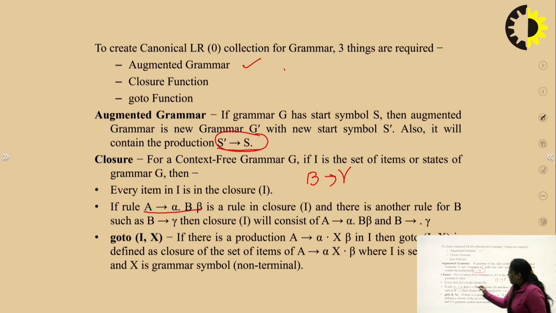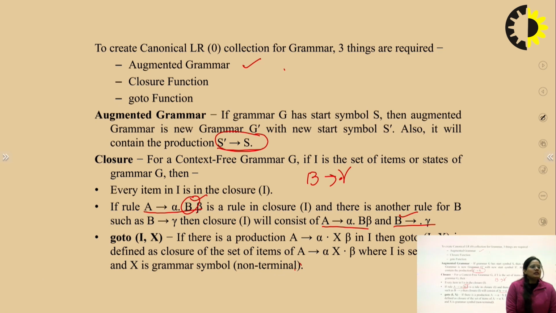The dot comes before B in this production, so the production of B will be included in the closure of I. Then the closure of I will consist of A implies alpha dot B beta and B implies dot gamma. So the closure of I contains two production rules: first this one and second this one.